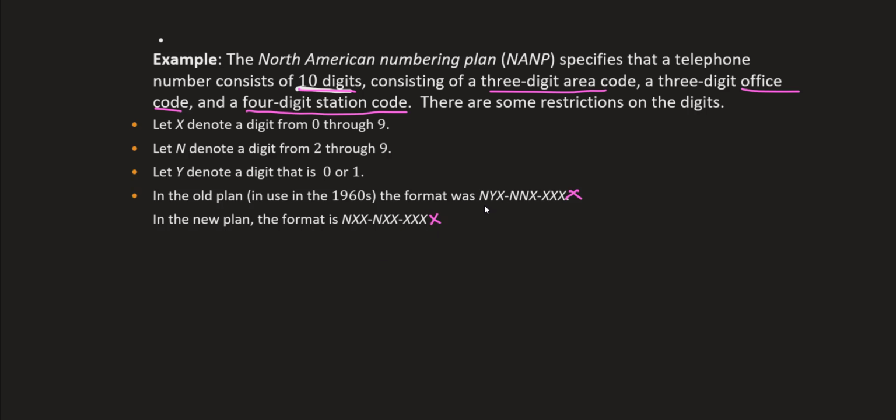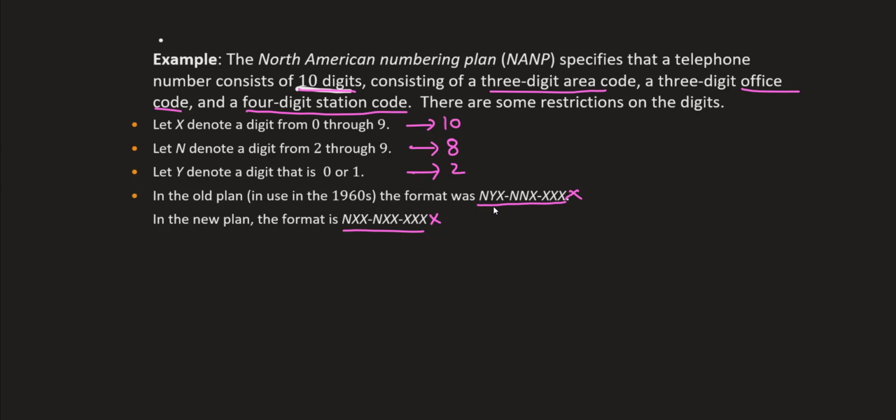Now if you look at the old plan and new plan, it has certain characters which are represented with N, X, and Y. So X denotes that you can choose a digit between 0 and 9. So you have over here 10 choices. Then N denotes a digit from 2 to 9. So these are 8 choices. And Y denotes a digit that's 0 or 1. Therefore we have 2 choices.